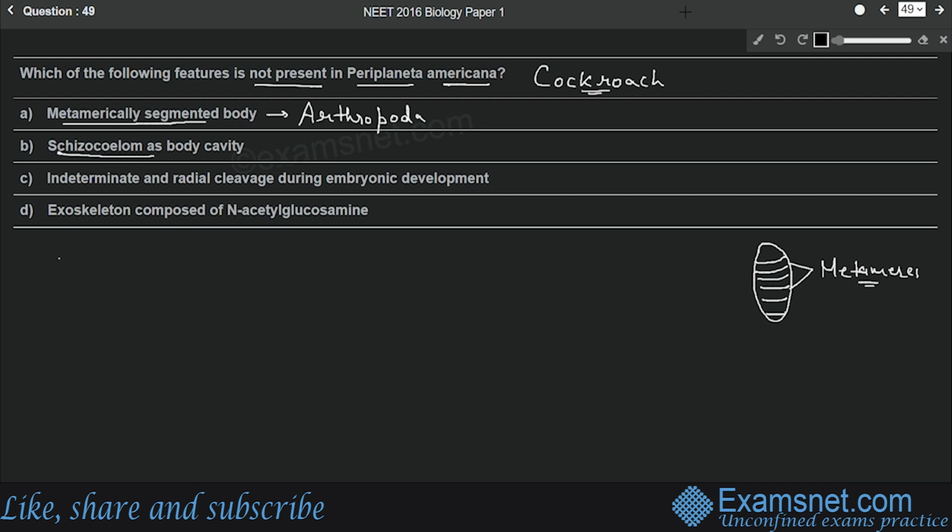So what is schizocoelome? It is a body cavity that lies between the digestive tract and the musculature of the body wall. Okay, let's write it down here. It lies between digestive tract and musculature of body wall.